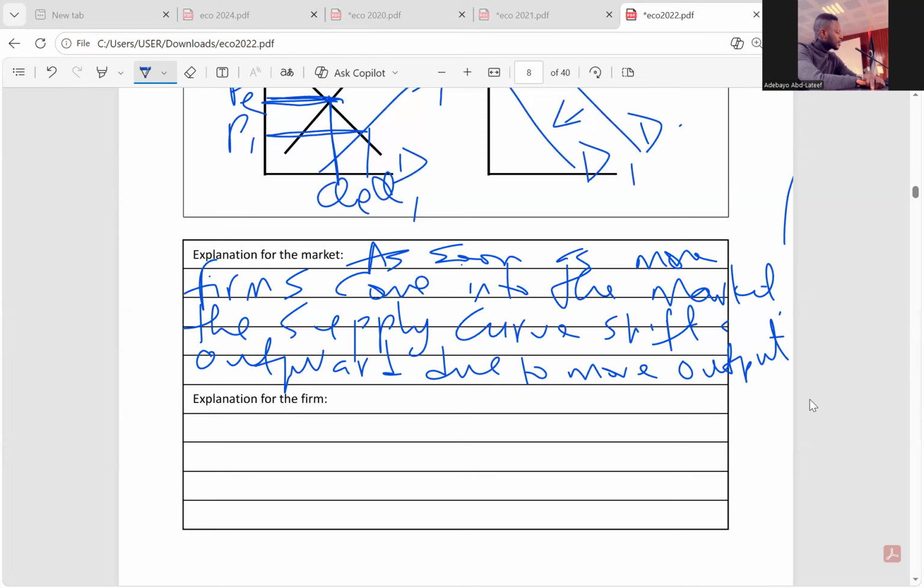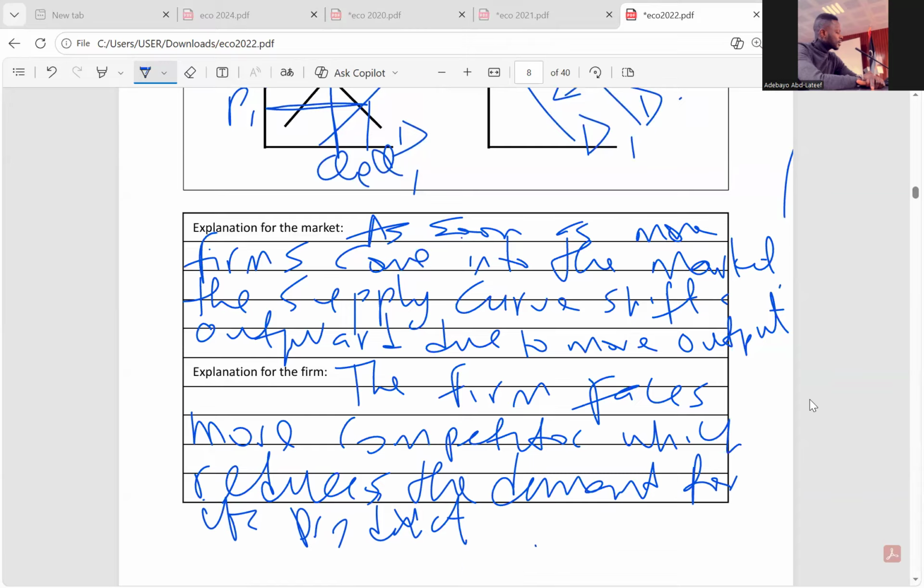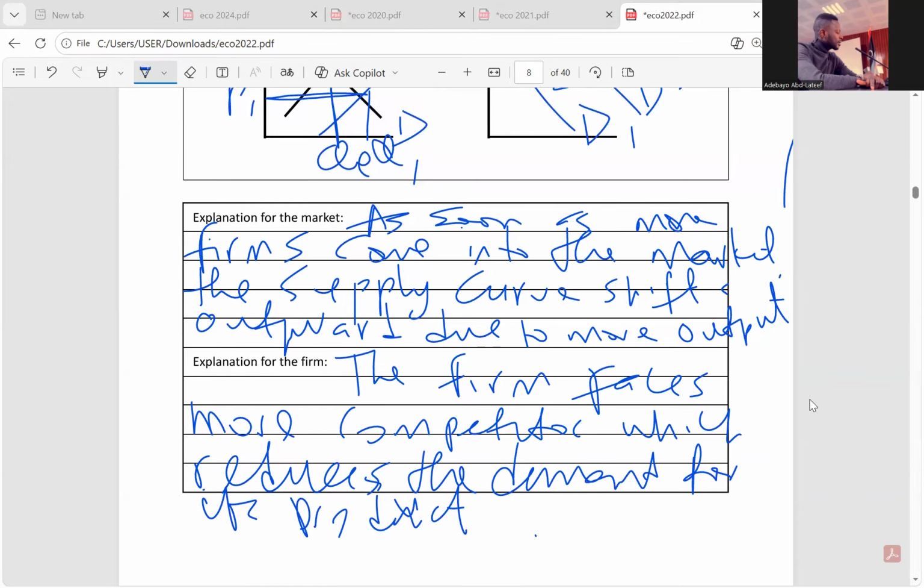For the firm, it faces more competitors, which reduces the demand for its products. So the firm faces more competitors, which reduces the demand for its product. Is it clear? You can move on.